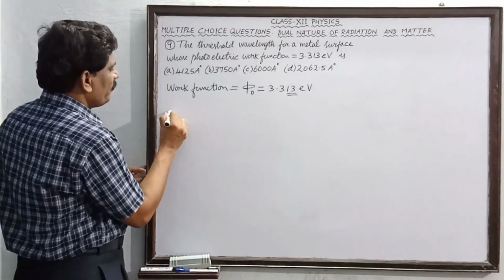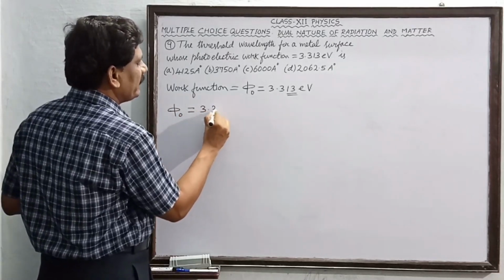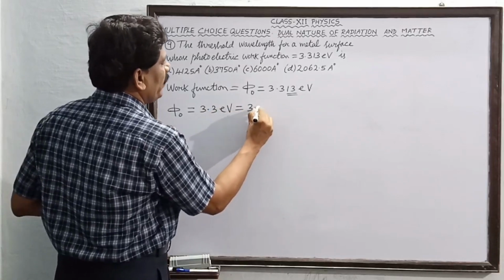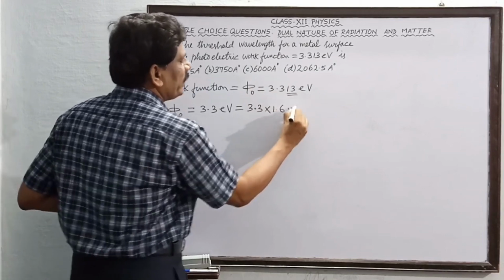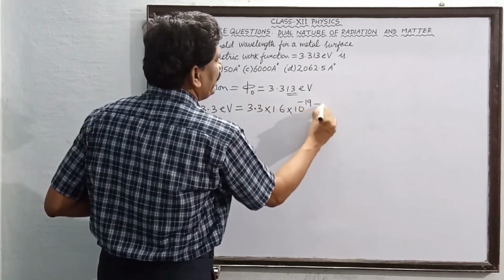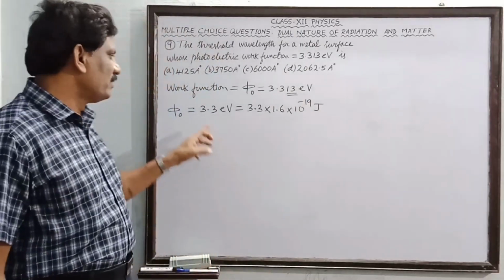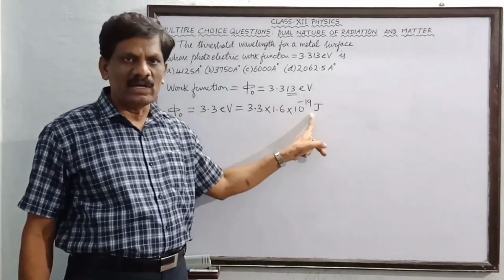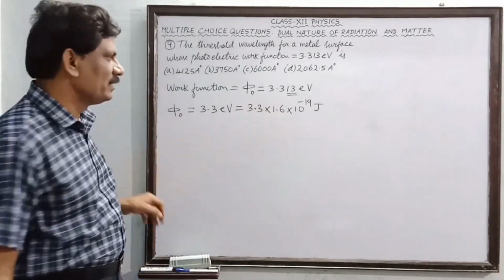So phi naught is also equal to 3.3 electron volt, that is 3.3 into 1.6 into 10 to the power of minus 19 joule. I have converted the work function from electron volt into joule by multiplying by the charge of the electron, okay, students.